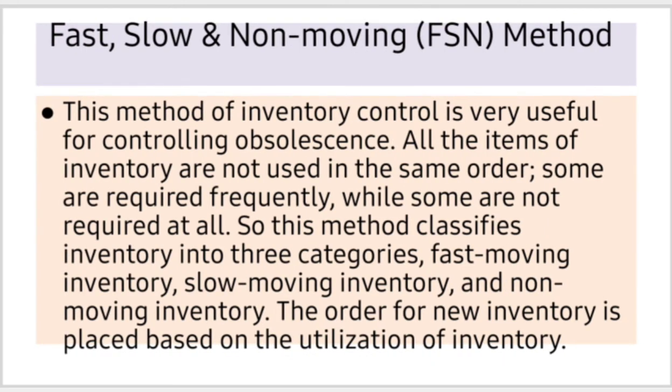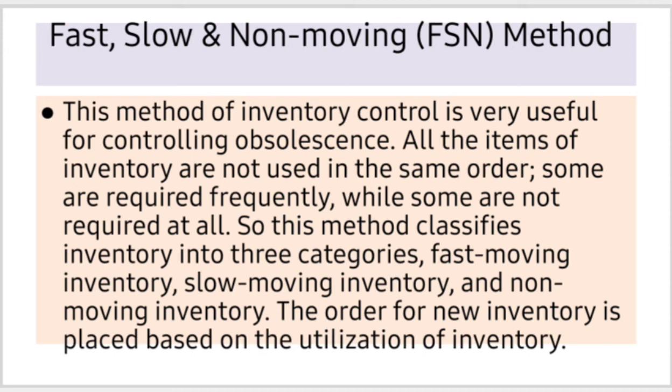The last model of inventory management or inventory control is FSN. FSN stands for fast, slow and non-moving method. This method is used for controlling the obsolescence situation. All the items of the inventory are not used in the same order.